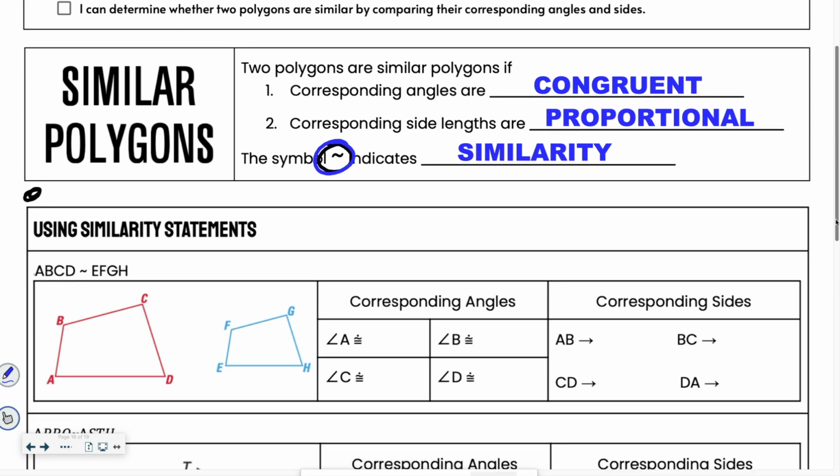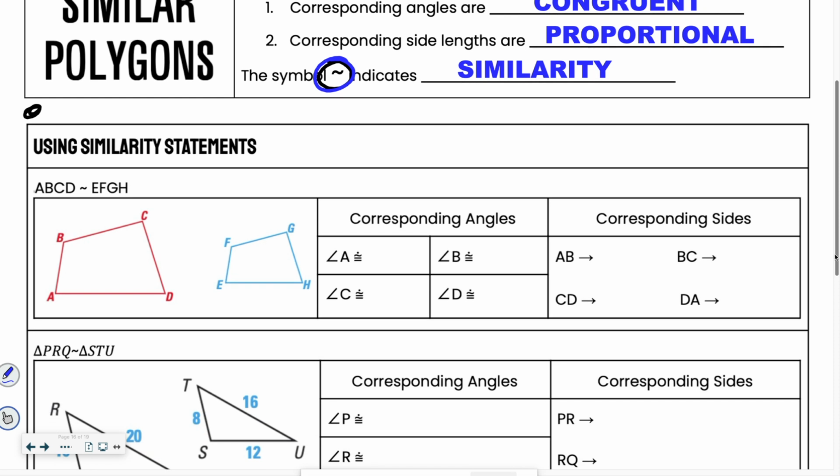So let's look at our first problem. It says polygon ABCD is similar to polygon EFGH. And now the order matters. We've done this before when we had our congruent chapter. So if we look, angle A is congruent to angle E. Angle B is congruent to, now what's my second letter?